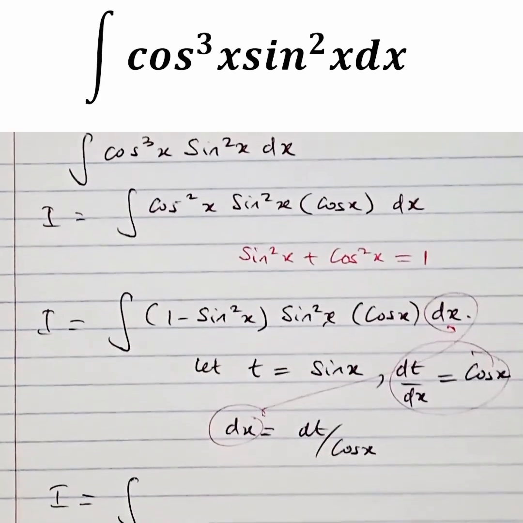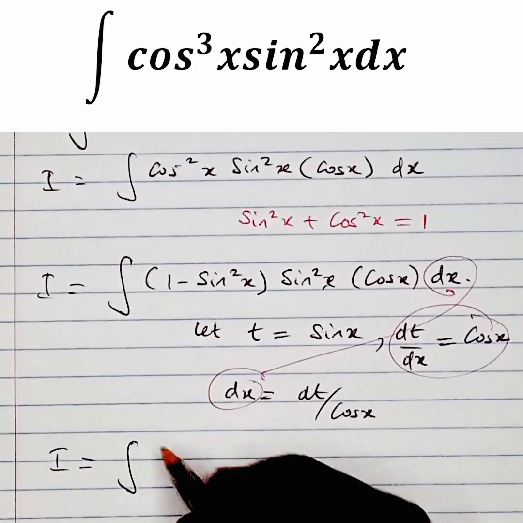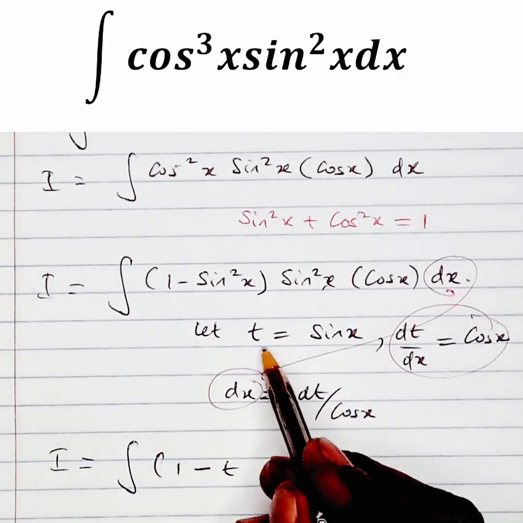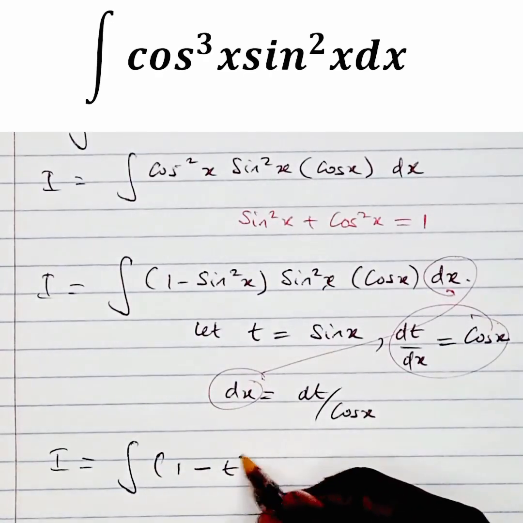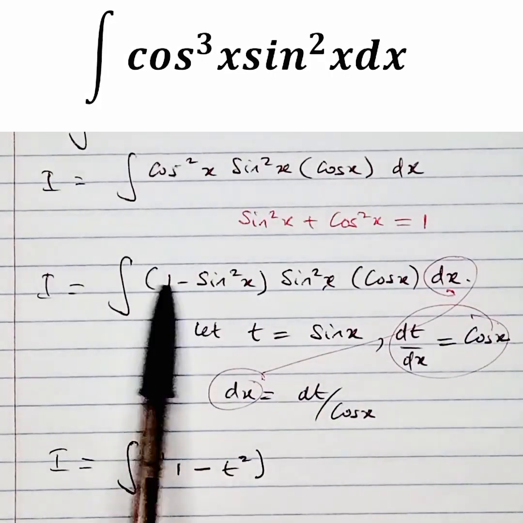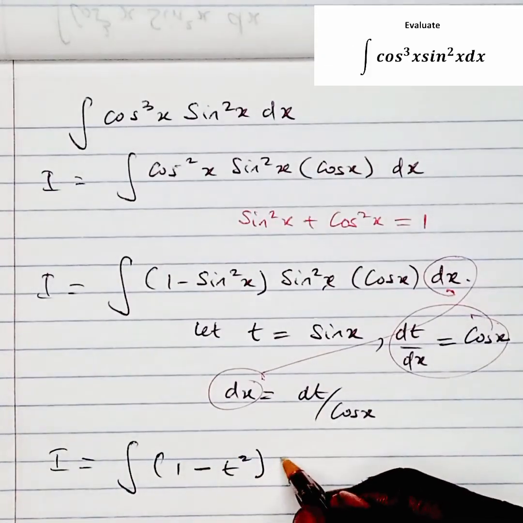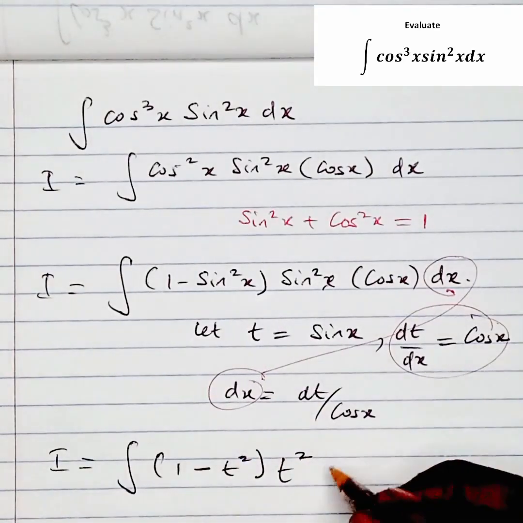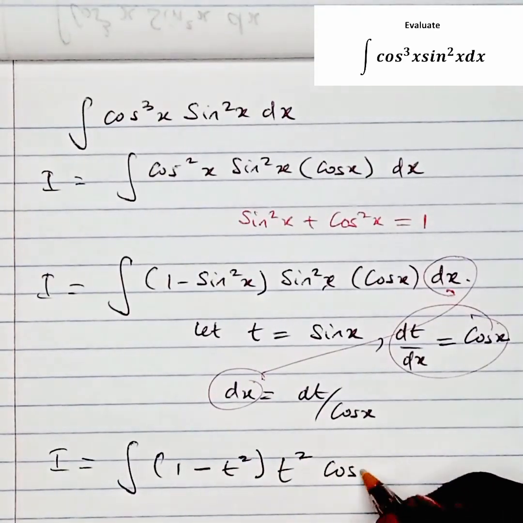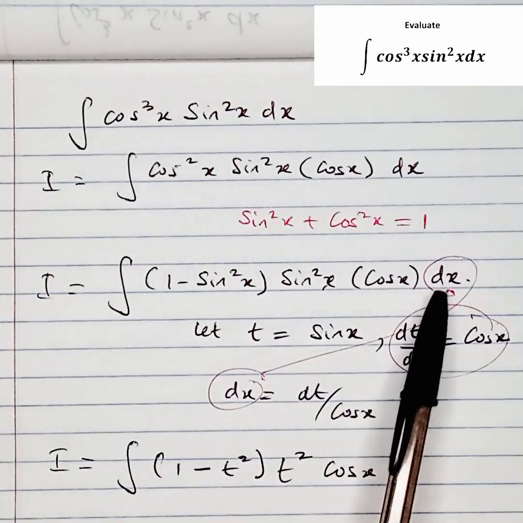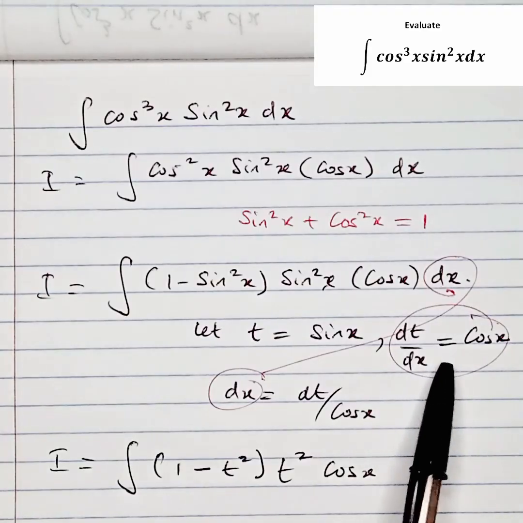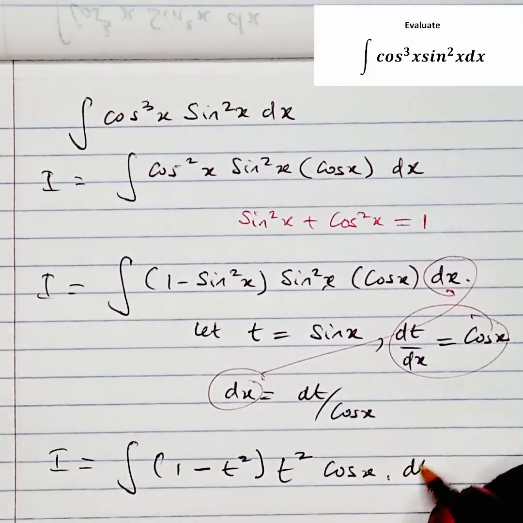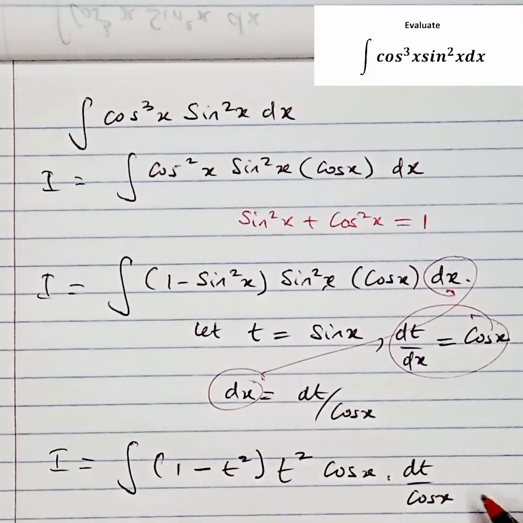So we are going to have 1 minus t, because t is equal to sine x, so that's t squared on that one. 1 minus t squared, then t squared, this other one, sine squared x. Then we write cos x, but you remember this dx, we are replacing it with dt over cos x. So that's multiplying dt over cos x.